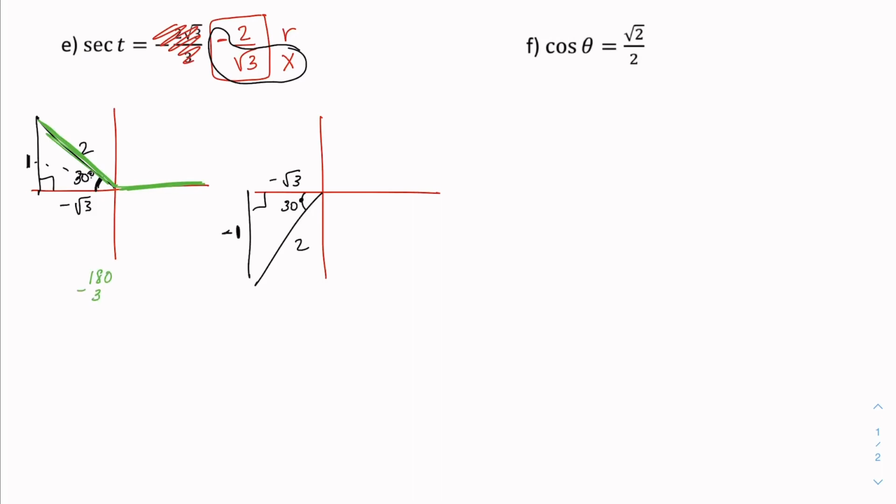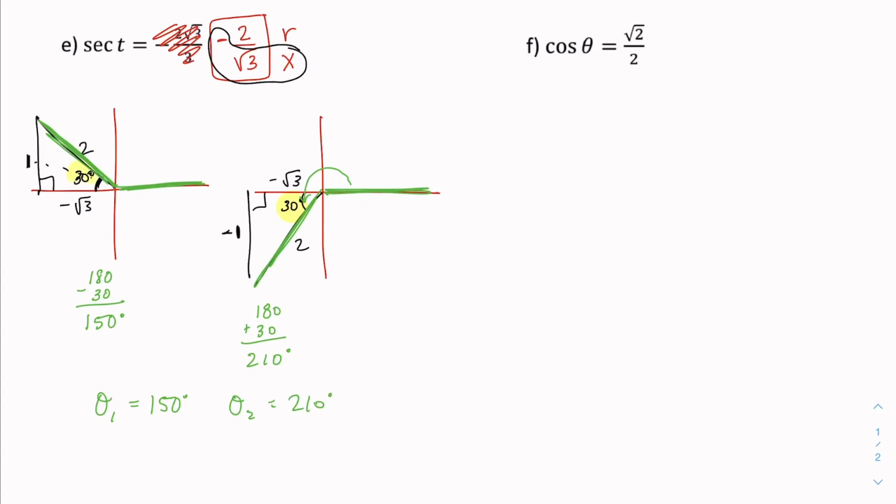So I'm doing the math. And now I'm doing the math on the second guy. You should have got 150 and 210. Last step, let's convert these to radians.